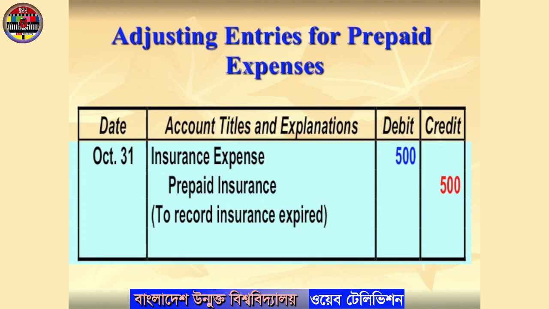Insurance expense debit taka 500 and prepaid insurance credit taka 500. Here, due to the expiration of the prepaid insurance, the insurance expense is increased and debited, and the asset prepaid insurance is decreased and credited.